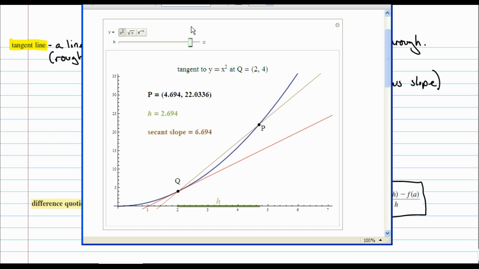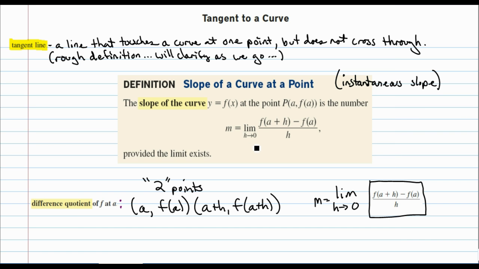So if h is really big, we don't have an accurate slope. But the closer h gets to 0, we have an instantaneous rate of change, or the slope of the tangent line. So we call the limit as h approaches 0 of f(a + h) minus f(a) all over h the difference quotient of f at a. A just represents a specific x value.